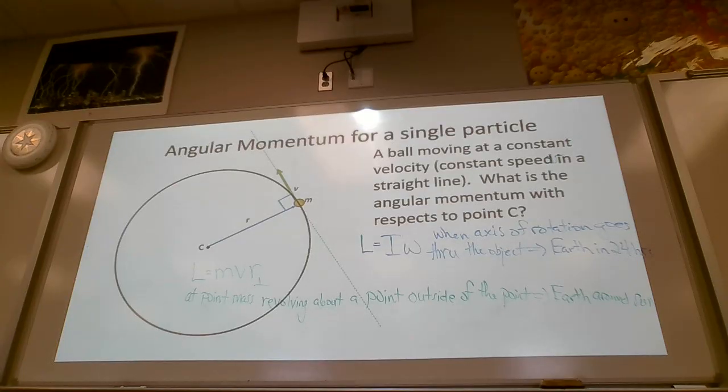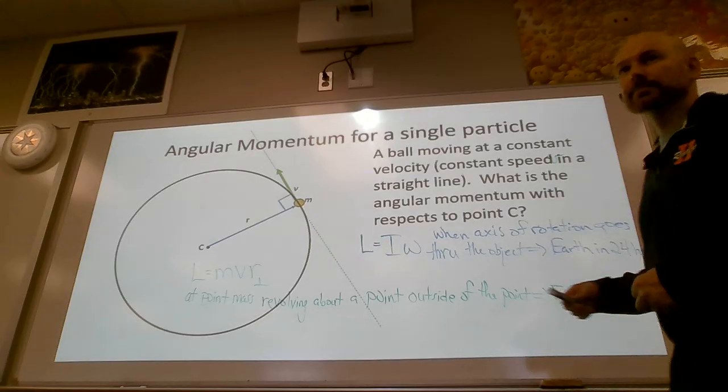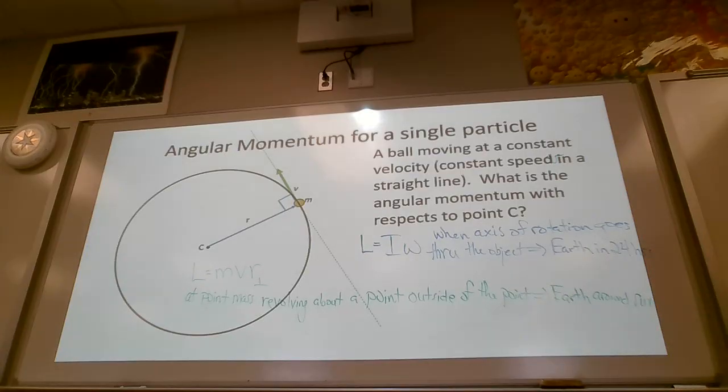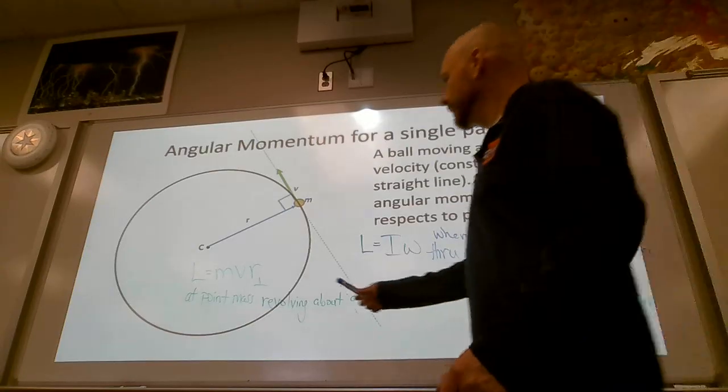So does that make sense, the distinction of when you would use which equation? This is the best example I like. The Earth isn't a point, but you can model it as a point compared to the sun. So anytime you get something going around outside, where the axis of rotation, the pivot point, the reference point is outside the object, do this.